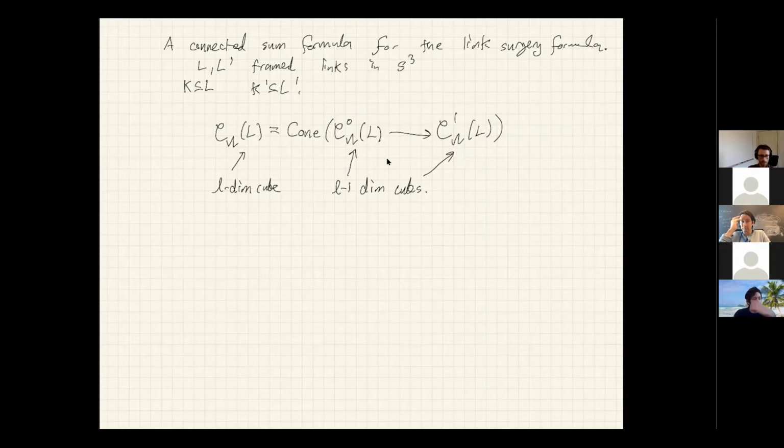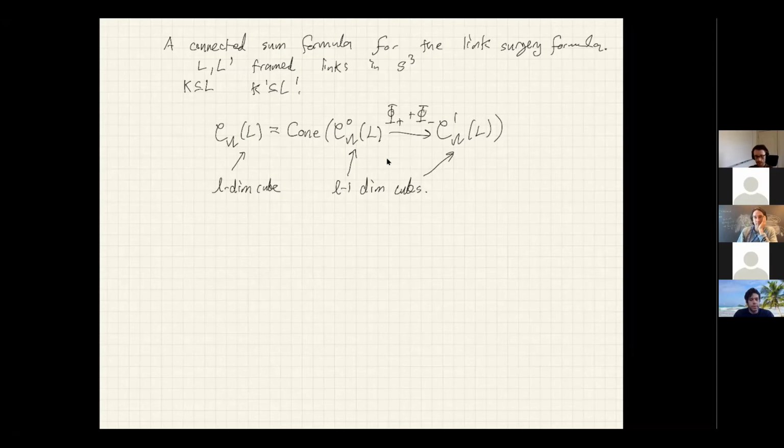And in the Manolescu-Ozsváth formula, each of the maps in the hypercube is associated to an oriented sublink of L. For the maps going from the 0 index to the 1 index for k, I can decompose those as a sum of two maps, phi plus and phi minus.